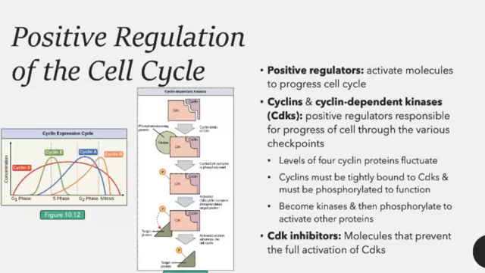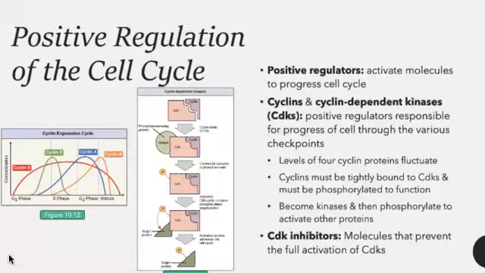Now let's talk about positive regulation of the cell cycle. Our positive regulators are molecules that actively push the cell cycle forward, ensuring that our cell is going to progress through each stage in an orderly way. Our key players are going to be the cyclins and the cyclin-dependent kinases, or CDKs.